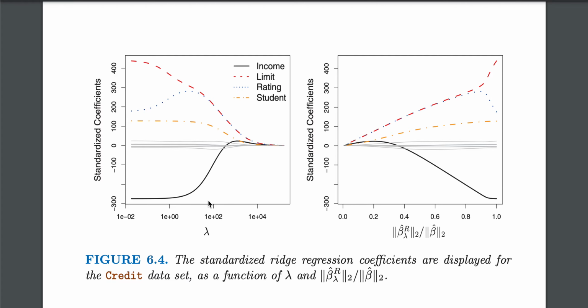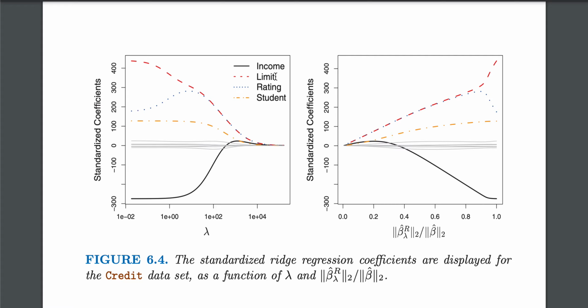Okay, so what is a standardized coefficient again? It's the regression coefficients that we get, divided by the standard deviation of the corresponding feature. Why do we do that? Because different predictors typically have different scales. For example, the scale of rating and income and credit limit is different.